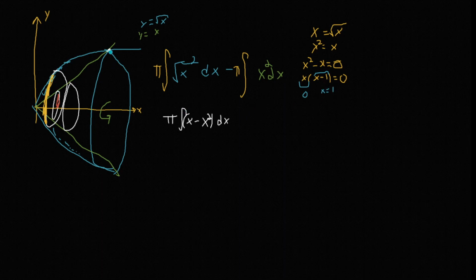So this intersection point is actually at x is equal to 1. So our bounds of integration are 0 to 1. And then we could do our power rule, add 1 to the exponent, divide by that exponent, and start substituting in values. I'm certain you all are capable of that, so I'm not going to show you how to do that.